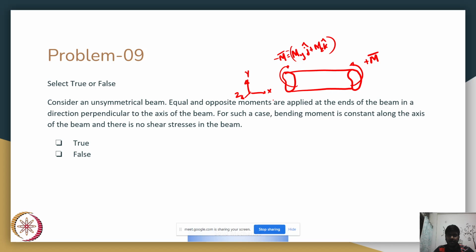These are your two bending moments, and in such a case there is no shear stress in the beam. So is this true or false?